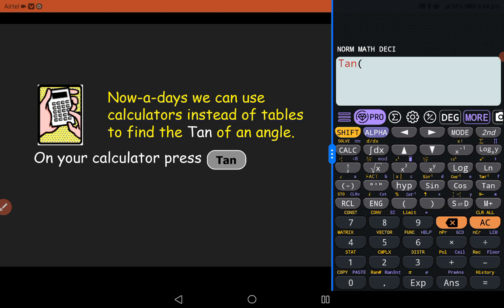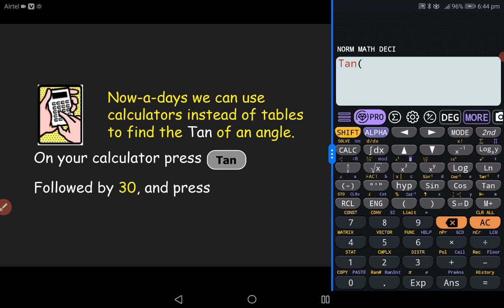All right, let's continue. Then followed by an angle. I'm assuming that you have a scientific calculator, not the one they use in the shop, in the canteen. A scientific calculator, Casio, and other brands. You may not have a very expensive one. Just get a scientific calculator to be able to perform what we are doing here.